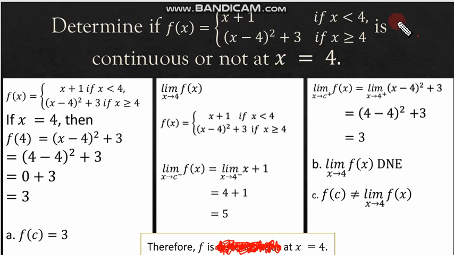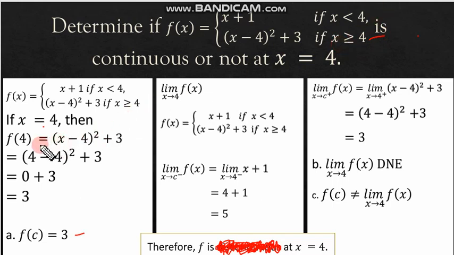Now, let's start with the f of c. Since this is a piecewise function, we will locate the equation that we are going to solve, which is at x is equal to 4, which is at the second piece, (x minus 4) quantity squared plus 3, because the x here is equal to 4.